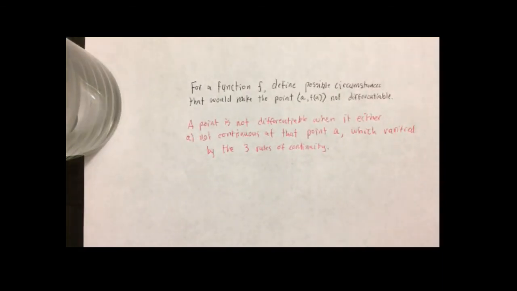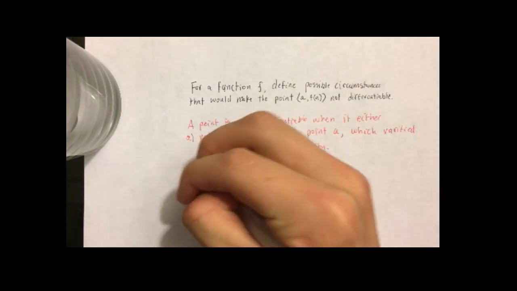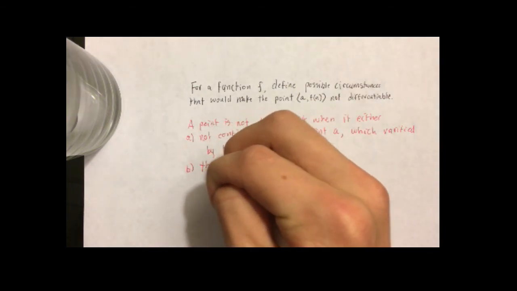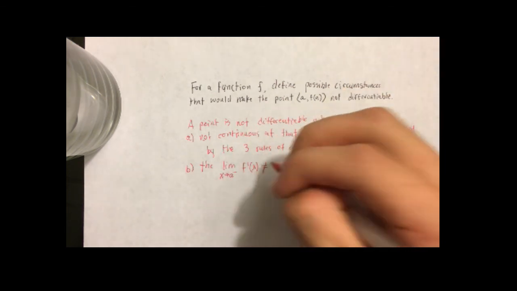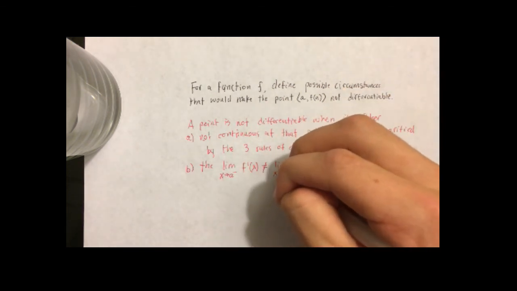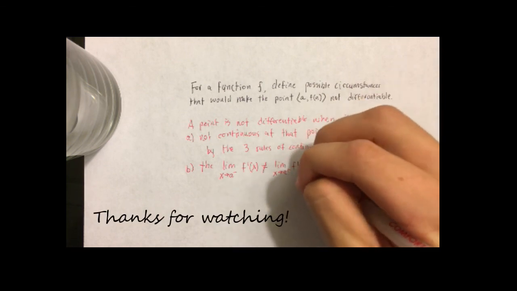Or B, that the limit as x approaches a from the left of f prime of x is not equal to the limit as x approaches a from the right of f prime of x.